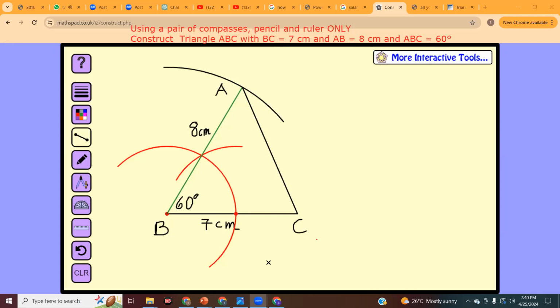Nevaeh Wallace, where's your work? I sent it to you. You sent this one? I'm talking about this particular one. No, sir. Yeah, you need to send it.